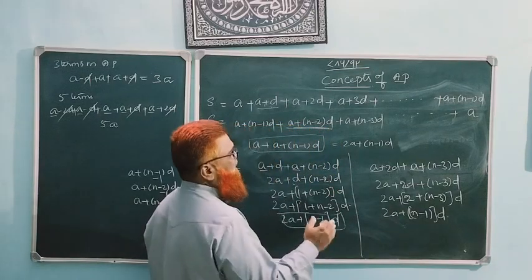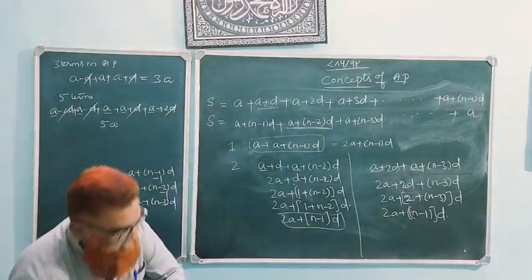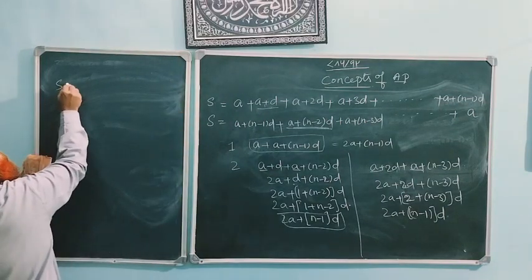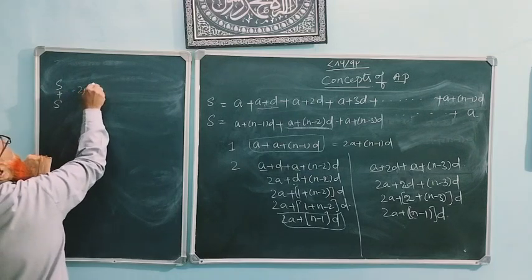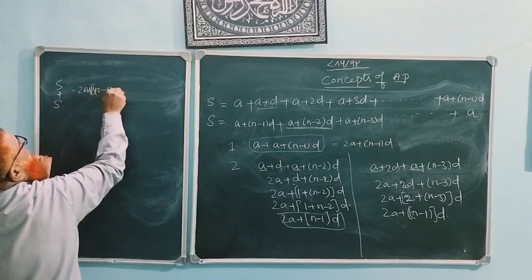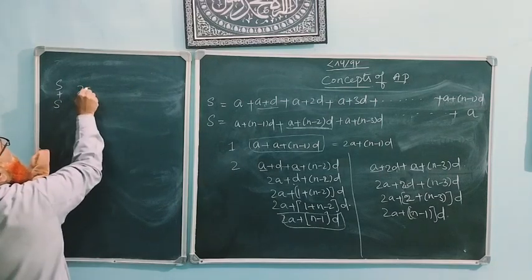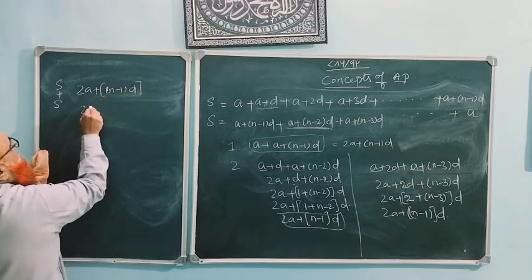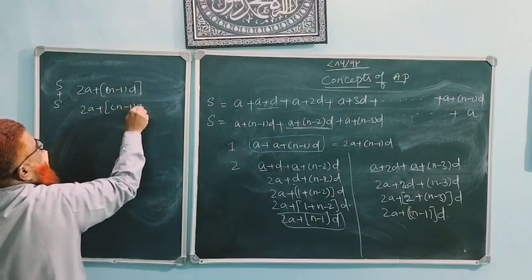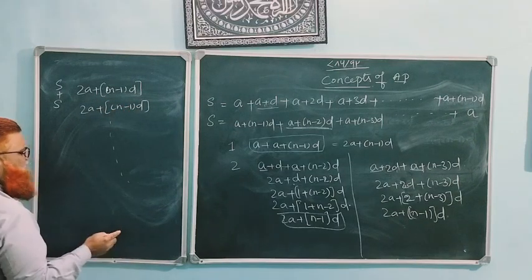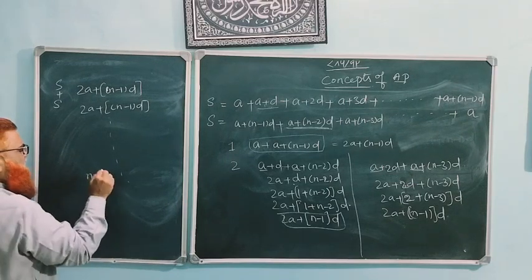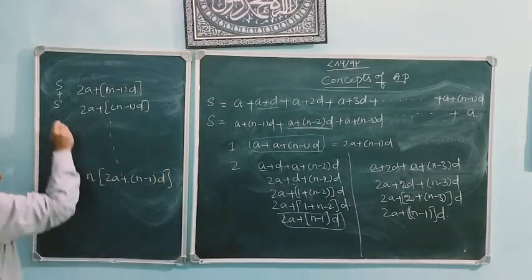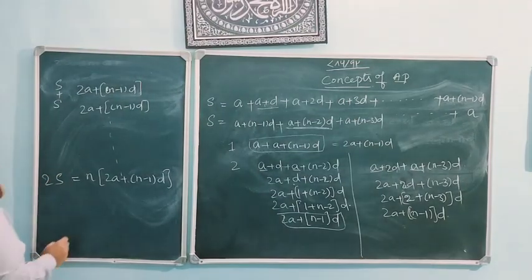So the whole way when we go on adding, the common thing we get is 2A plus (n minus 1) into D. Each term is 2A plus (n minus 1) into D. How many such terms? n terms, so n into (2A plus (n minus 1) into D), which is equal to S plus S, which is 2S.